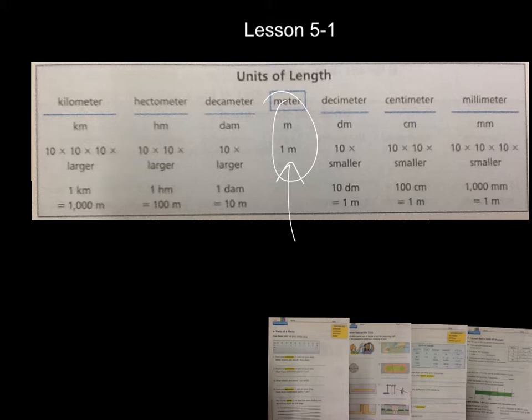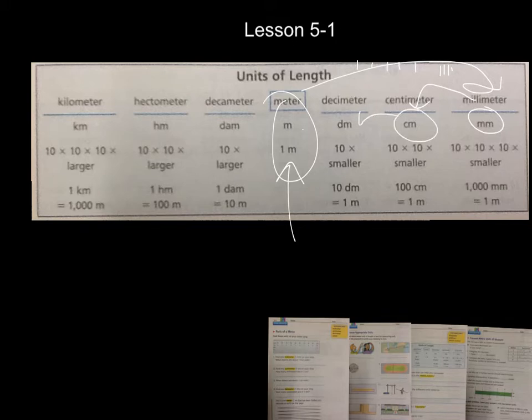If you want to go down to the very smallest unit that has to do with meters, you get the millimeter. That's the real tiny little lines on the meter stick, or on a ruler. Every 10 millimeters equals a centimeter.